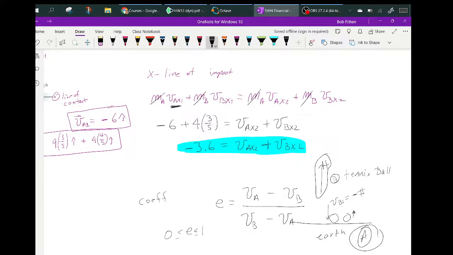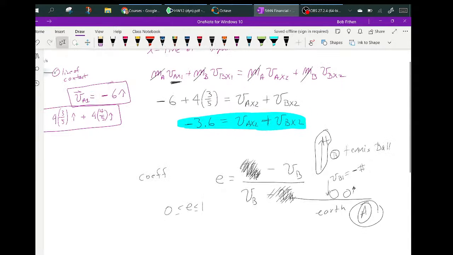Let's say the Earth is so big that in fact it didn't change its velocity at all because the tennis ball hit it, because it is so massive. So now your coefficient of restitution is simply velocity of ball over velocity of ball.